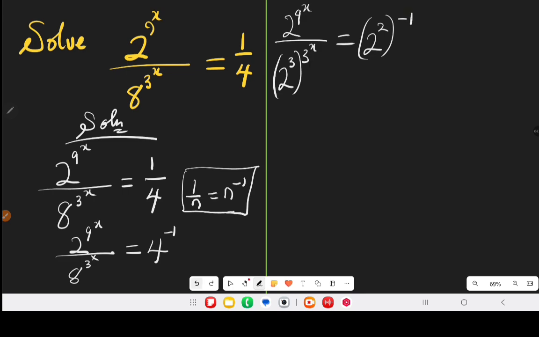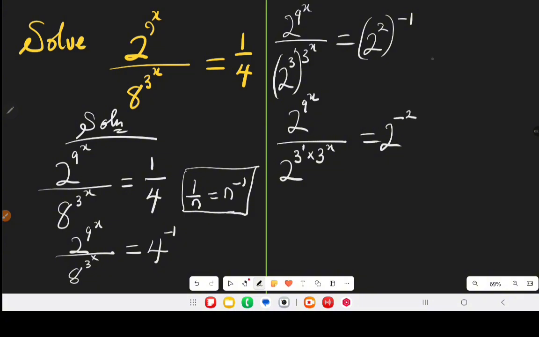We continue. We can write this to be 2 raised to the power of 9 raised to the power of x, all over 2 raised to the power of 3 raised to the power of 1 times 3 raised to the power of x, equal to 2 raised to the power of minus 2.